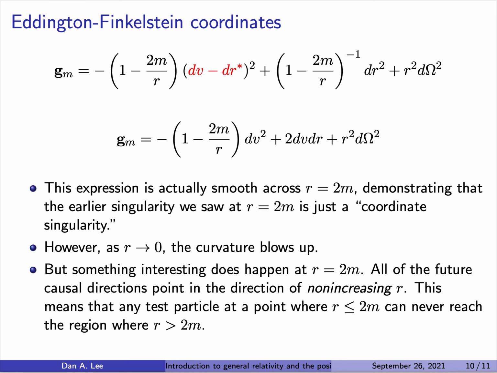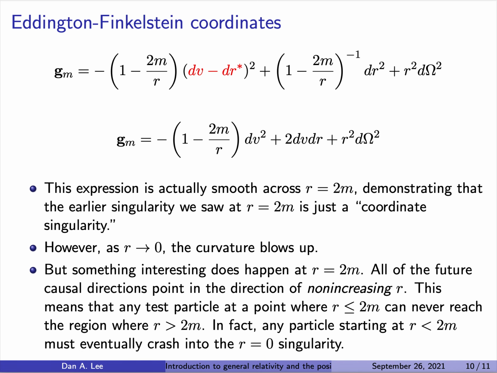So the consequence is that any test particle at a point where r is less than or equal to 2m can never reach the region where r is greater than 2m. In fact, if you start at r less than 2m, it's eventually going to crash into the r equals 0 singularity. The particle has to eventually end up there.